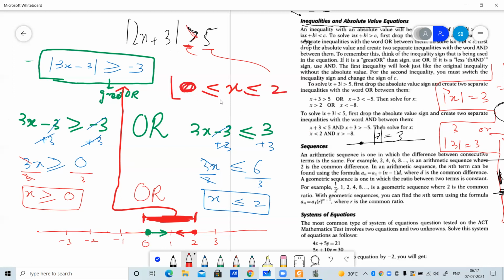So I can write it in short like this. I have put x in between, and I have written x is greater than or equal to 0, and x is less than or equal to 2.